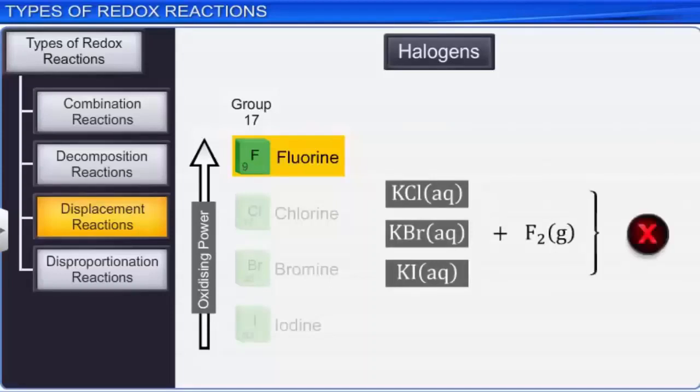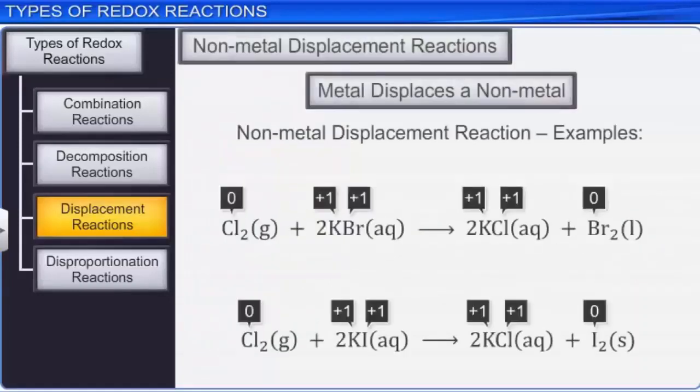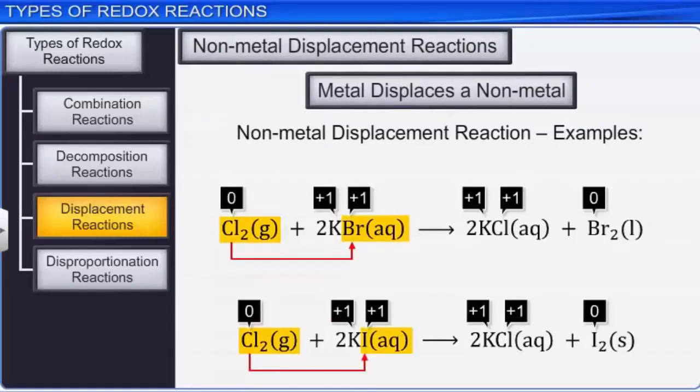Let's look at some more halogen displacement reactions. In these reactions, chlorine displaces bromide and iodide ions from the aqueous solutions of their salts. These reactions are used to identify bromide and iodide ions as the bromine and iodine produced have characteristic colors.